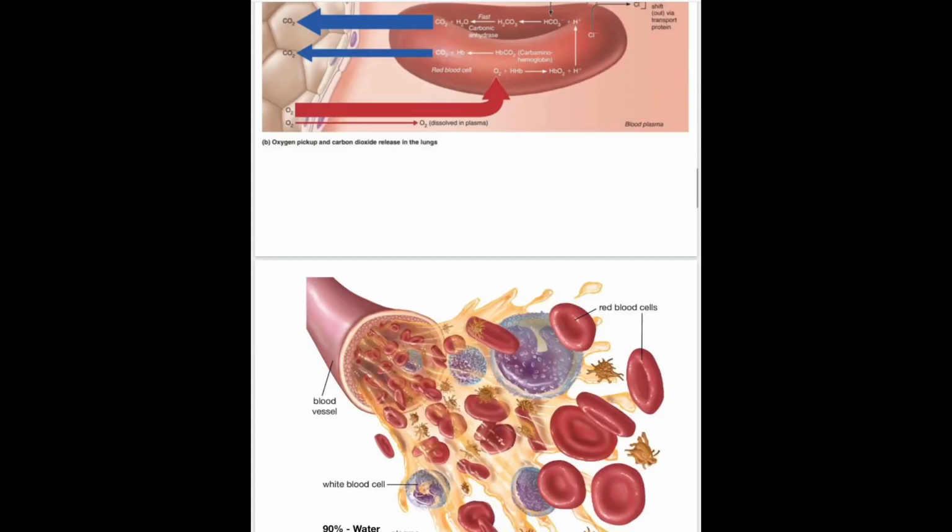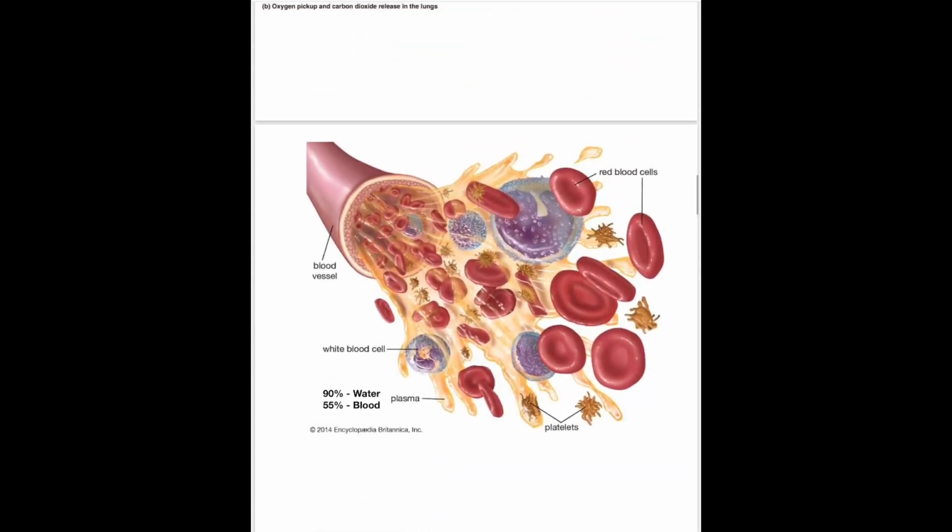Where do you see this? Plasma. Plasma is present in the blood. So I'll show you a diagram. This is a blood vessel and you have blood. In the blood, when you separate RBCs, platelets and WBC, you will have a colorless yellowish fluid, that is plasma.